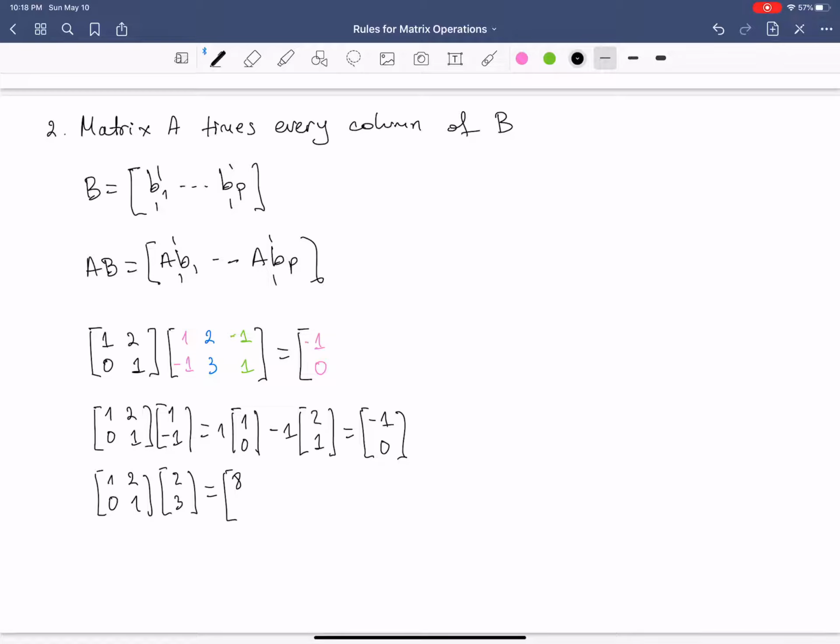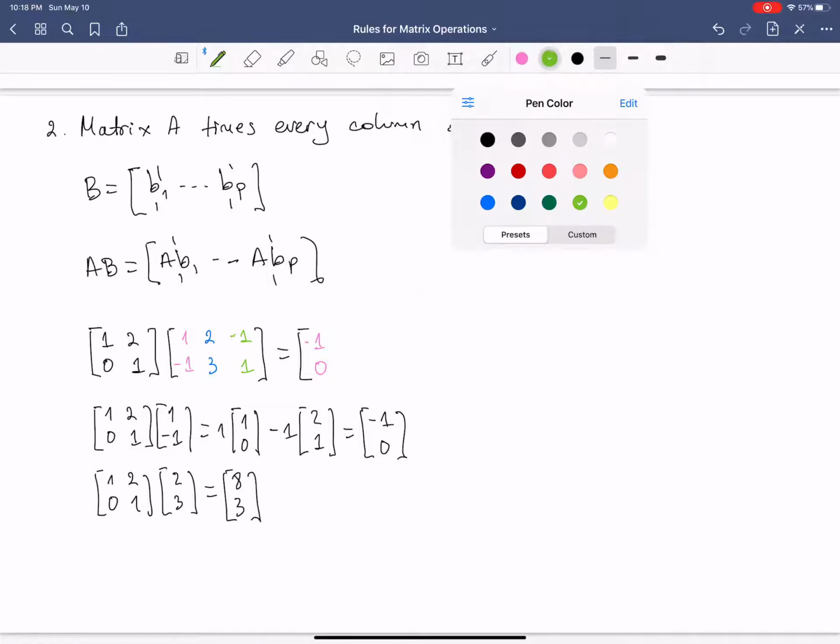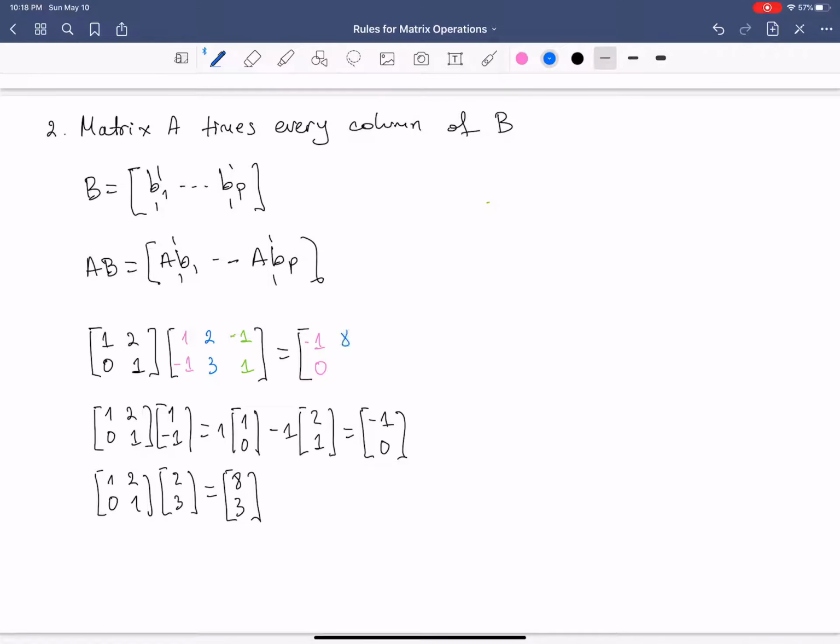And then the second row times the column vector would just give us 3. So that goes in the second column. So this is here, 8, 3. And then the last one, we have 1, 0, 2, 1 times negative 1, 1.